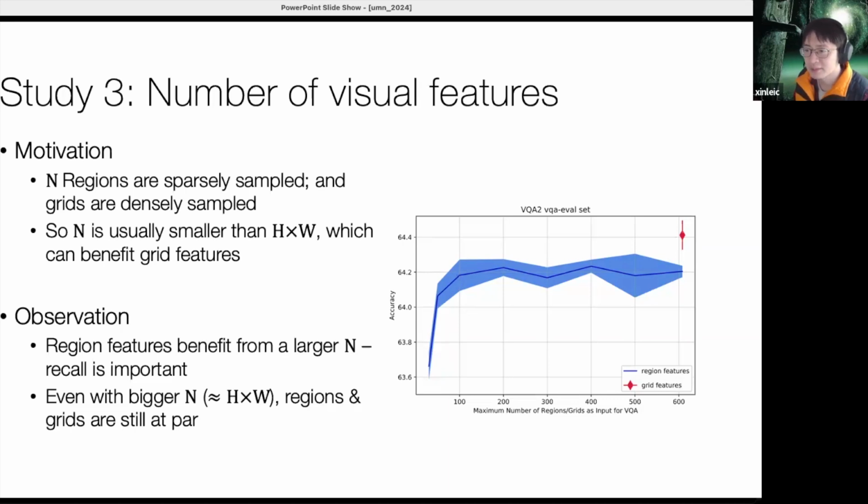But then if the number of regions further increases, the performance saturates. And in the end, even with the bigger n, roughly the same as h by w, the regions and grid features are still at par. So one is close to 64.2. For grid features, we're getting 64.4 here.